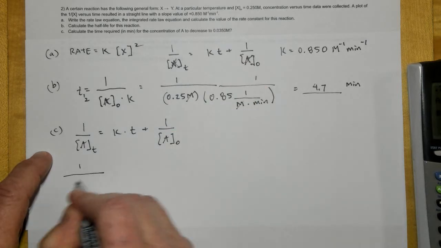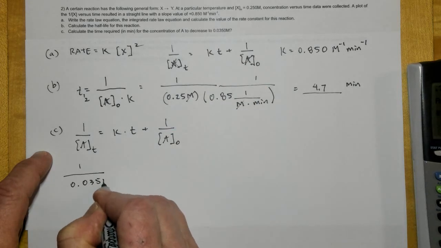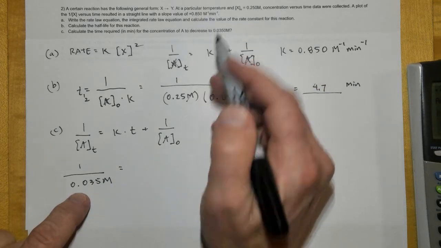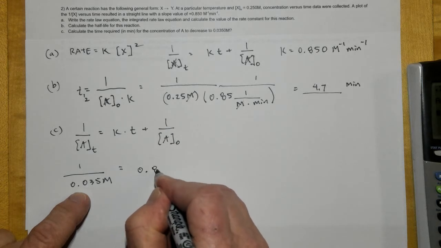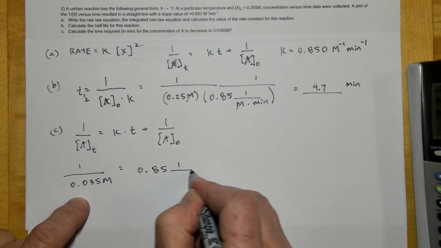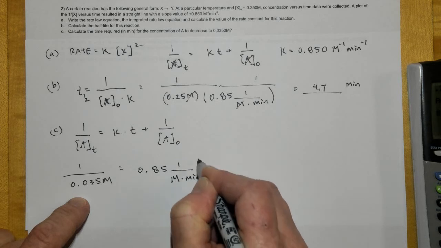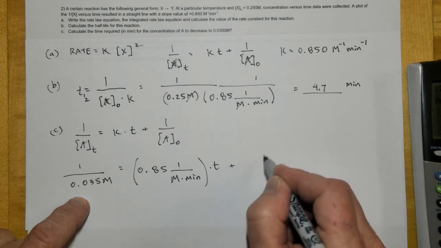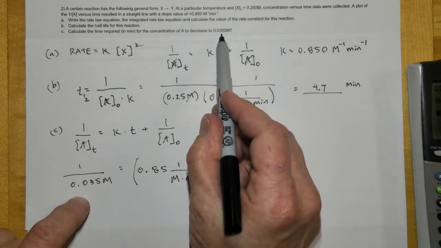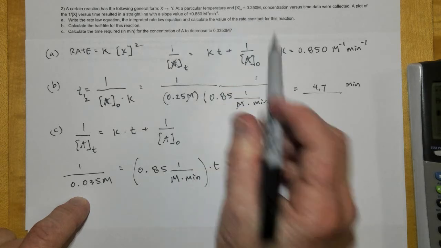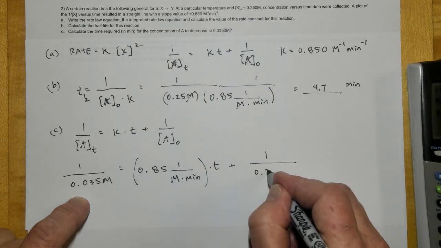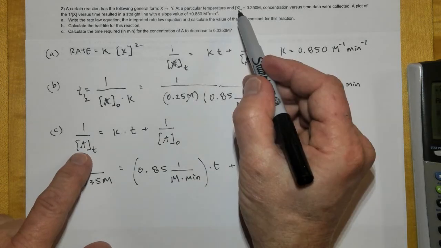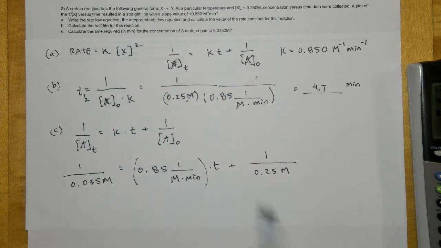So it would be 1 over 0.035 molar is equal to k, and remember the value of k is given to us here by the slope, so that's 0.85, and the units on that, remember, are 1 over molarity times minutes, and then there is a t, that's what we're going to solve for, plus 1 over, and then this is the original concentration right here, which is 0.25 molar. Once again, I used A's here, but I should have used X's because that's what the equation shows, but you get that part.